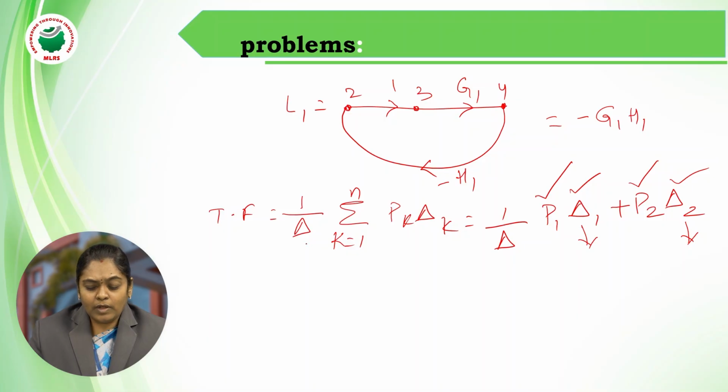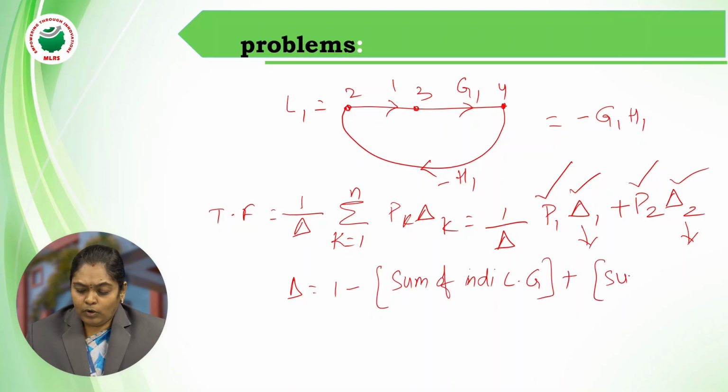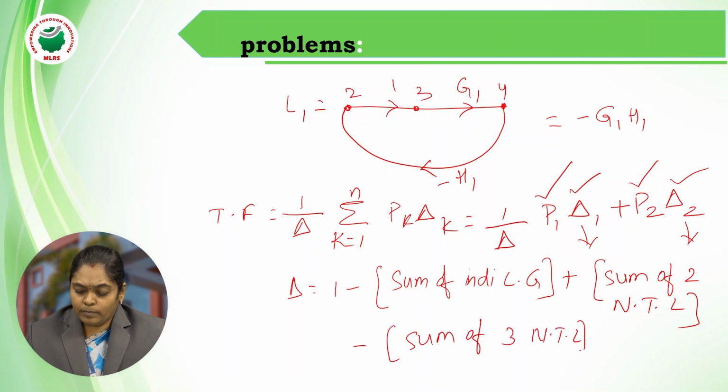Coming to this, the unknown value is delta. This delta is nothing but 1 minus the sum of individual loop gains plus the sum of two non-touching loop gains minus the sum of three non-touching loop gains plus so on.